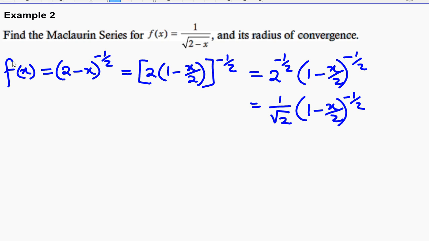Now, the reason why I'm rewriting it this way is so that I can use my previous Maclaurin series expansion for 1 plus x to the power k to be able to expand this as well.